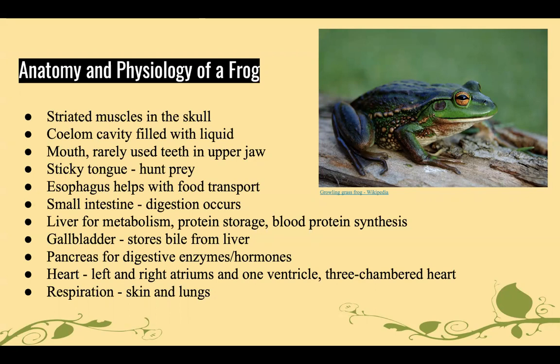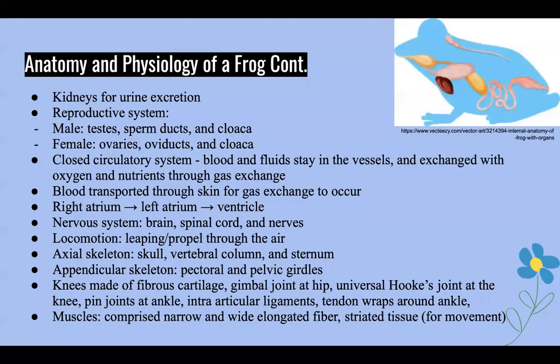In a frog's circulatory system, it has a three-chambered heart containing left and right atria and one ventricle that blood passes through. And its respiratory system mainly functions through its skin and its lungs. The frog also has kidneys for urine excretion.